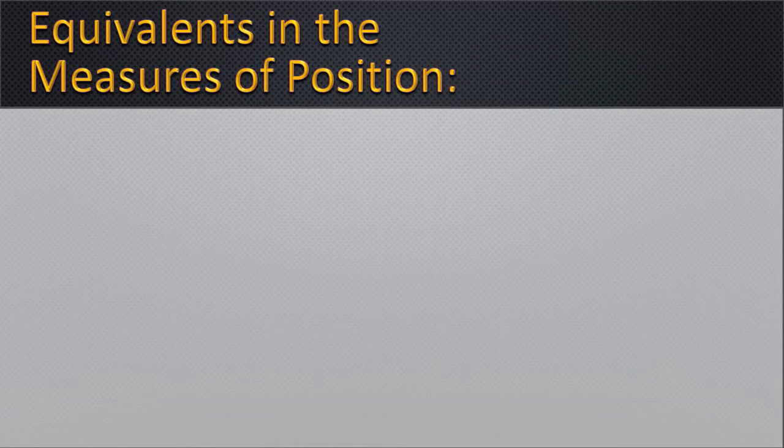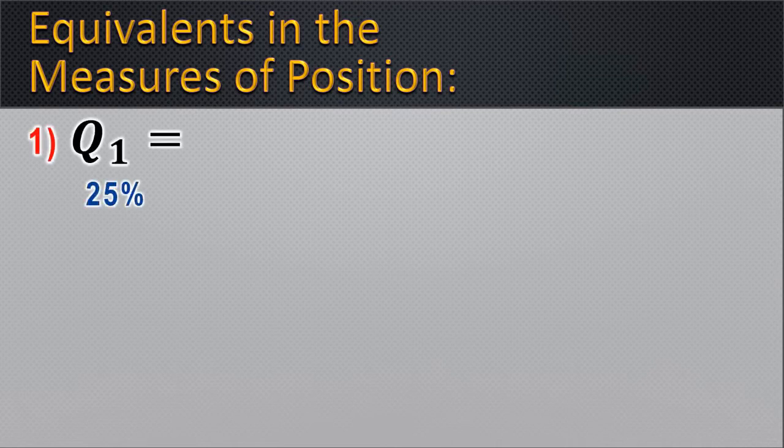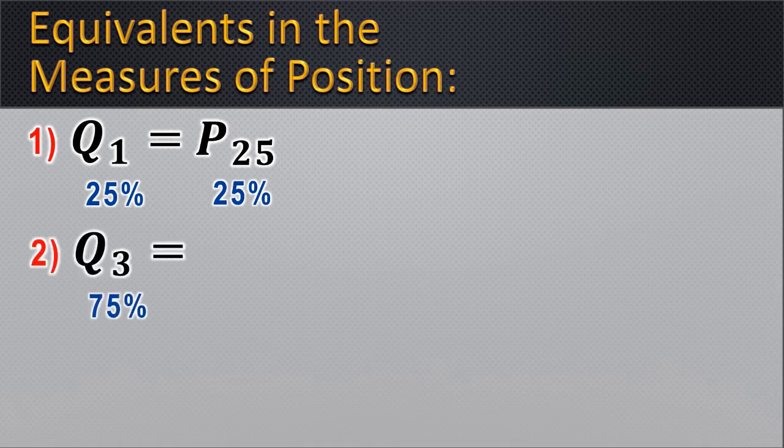Here are the equivalents in the measures of position. We have quartile 1, which is equal to 25%, and percentile 25 is also equal to 25%. Quartile 3 and percentile 75 is equal to 75%.